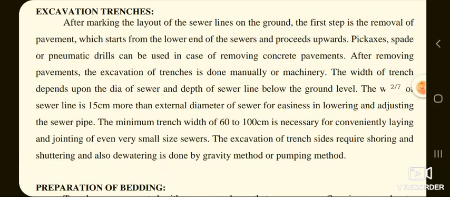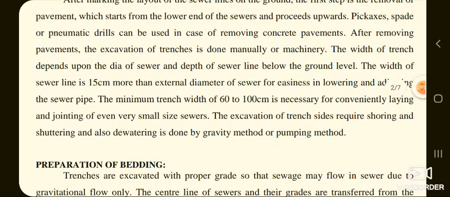After removing pavements, the excavation of trenches is done manually or using machinery. The width of the trench depends upon the diameter of sewer and depth of sewer lying below the ground level.